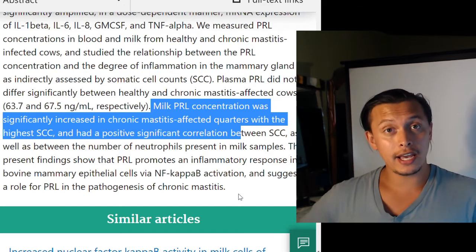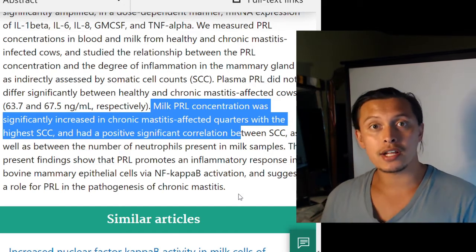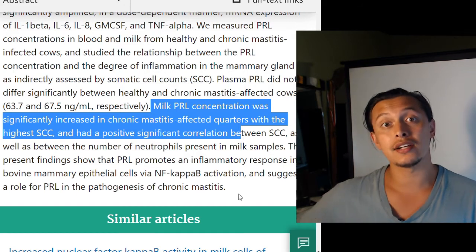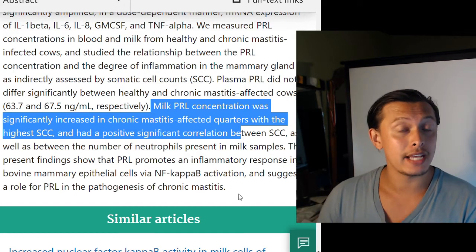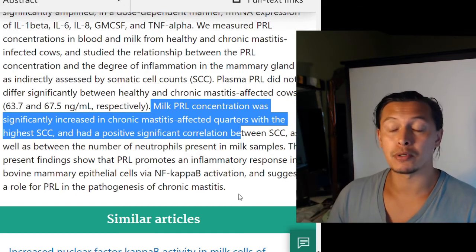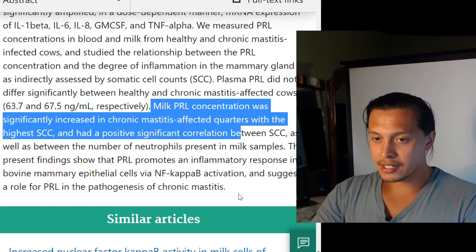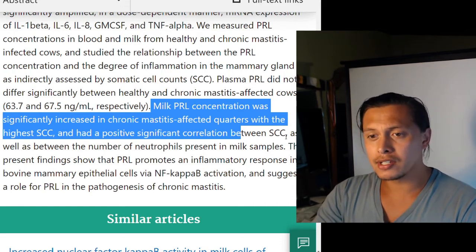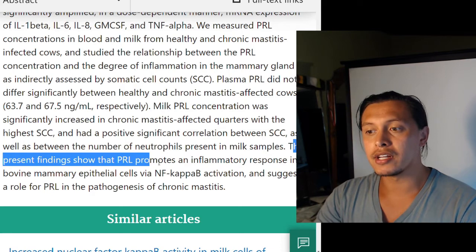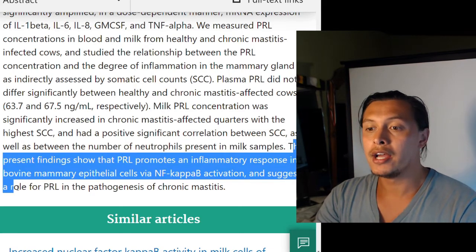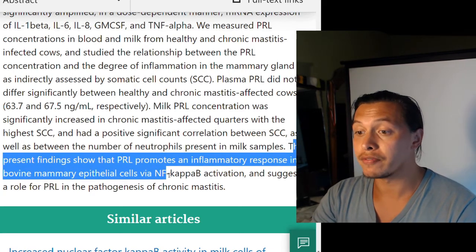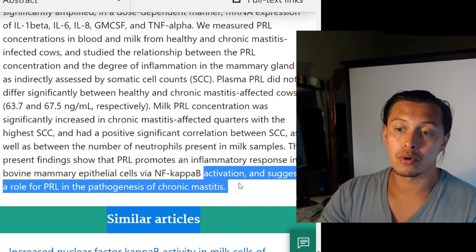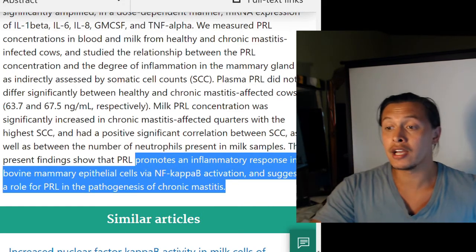Just know that if you activate any part of that cycle, you could theoretically create a self-fulfilling cycle that maintains homeostasis at that particular state. So, continuing, the present findings show that PRL promotes an inflammatory response in bovine mammary epithelial cells through NF-kappa B activation and suggests a role in prolactin in the pathogenesis of chronic mastitis.